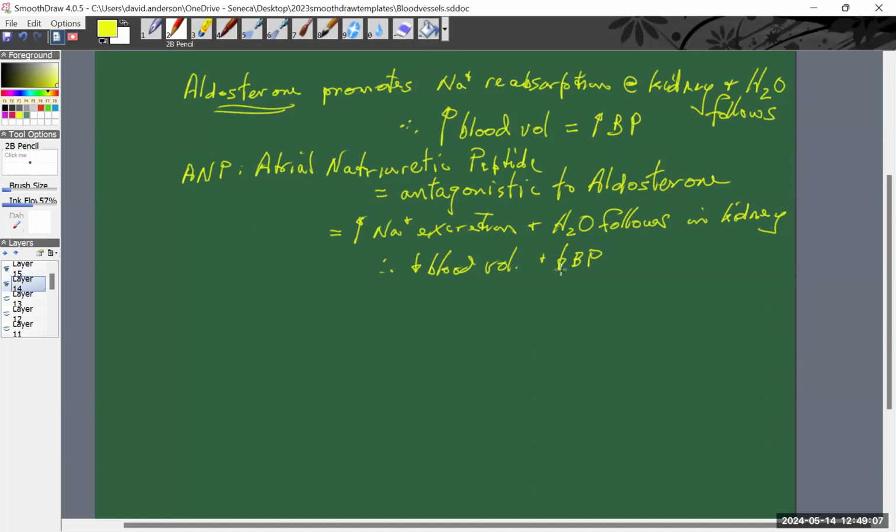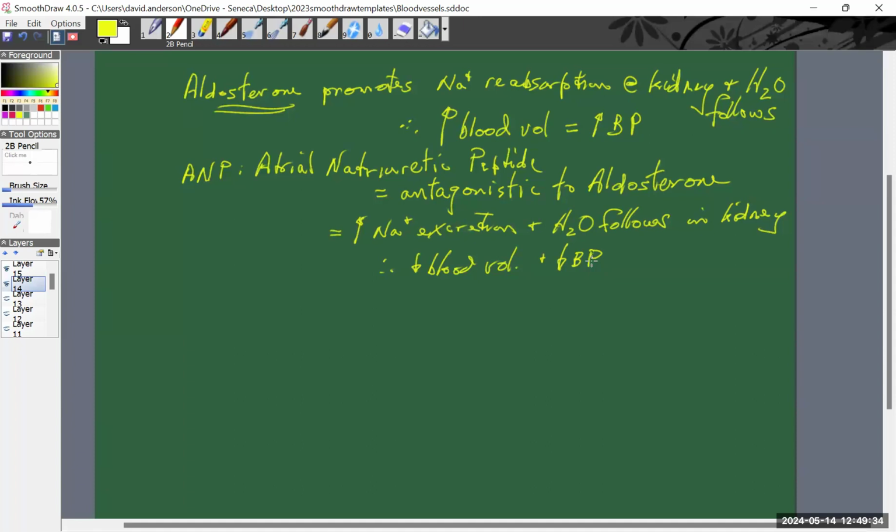The result will be the reverse. But the mechanism is affecting sodium and water. The end result is a reversal of the blood pressure situation. So in the case of ANP, the stimulus was high blood pressure. The result was low blood pressure. That's describing negative feedback.